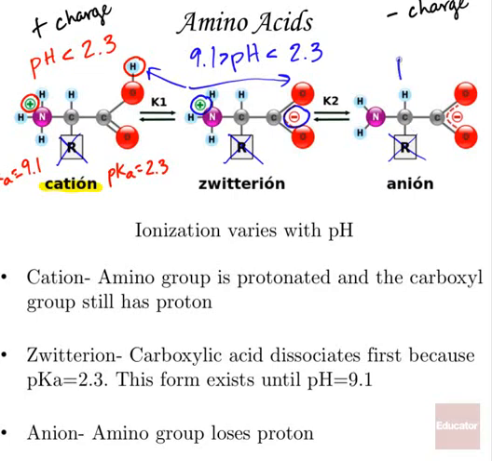So right here, when the pH is greater than 9.1, we're going to move into the anionic state. And that's when our amino group loses this proton. Remember, here's that proton. We no longer have it.